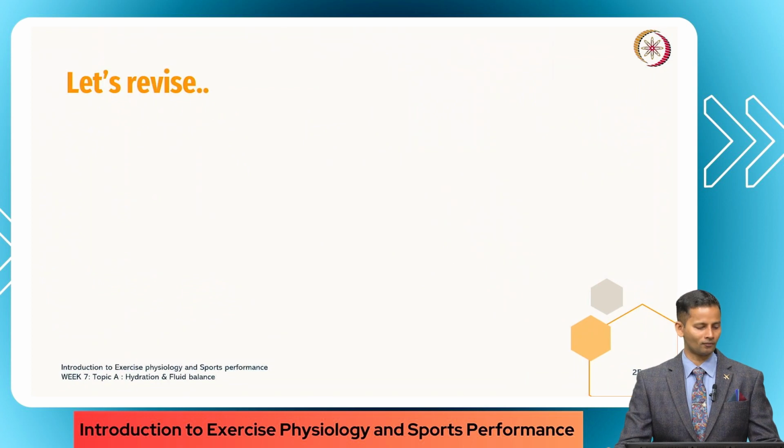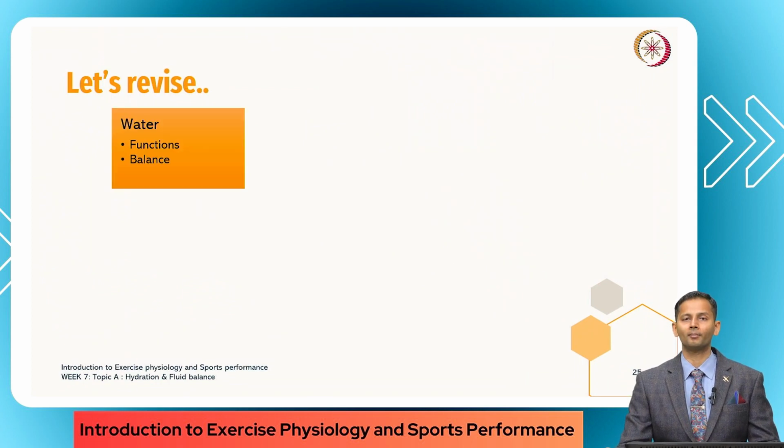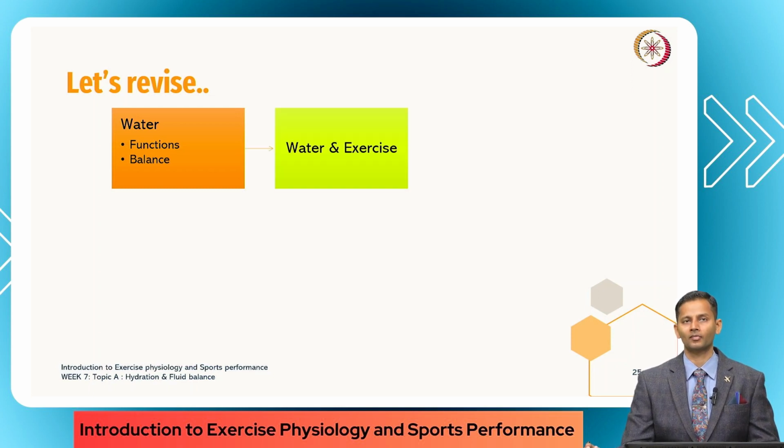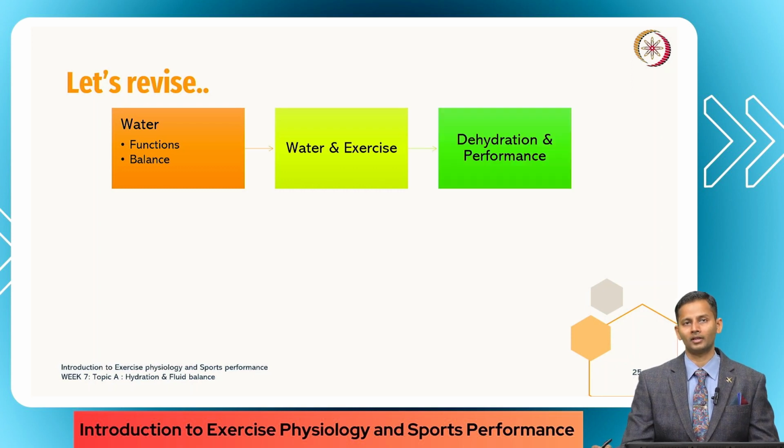So let's revise what we saw in the previous part of this module. We learned the various functions of water, and the balance that is maintained during rest as well as when the body temperature increases during exercise or when the external temperature changes. What is the effect of exercise on water balance?